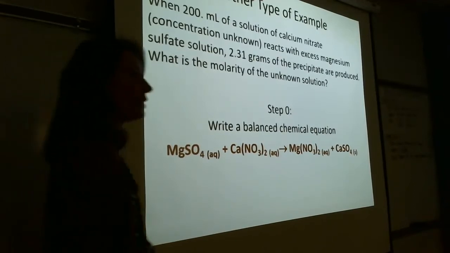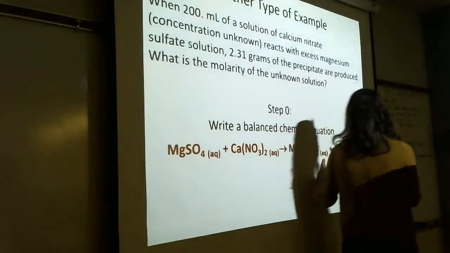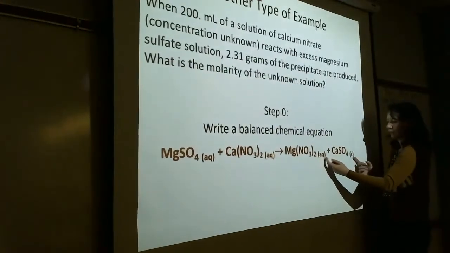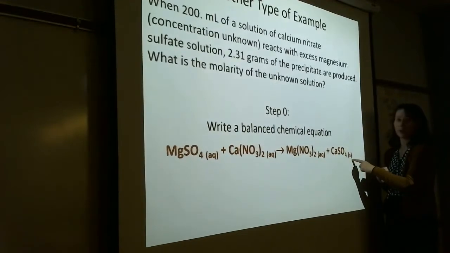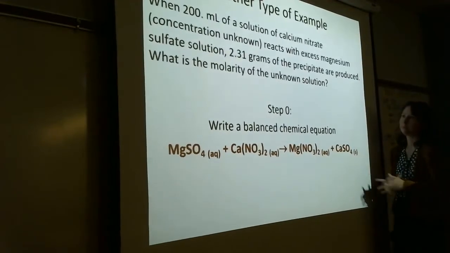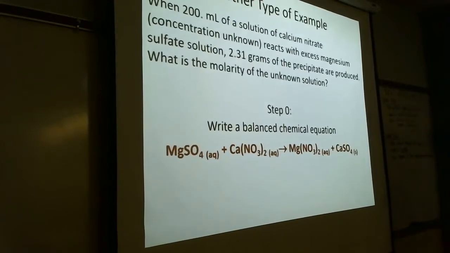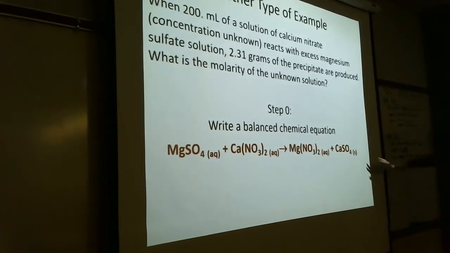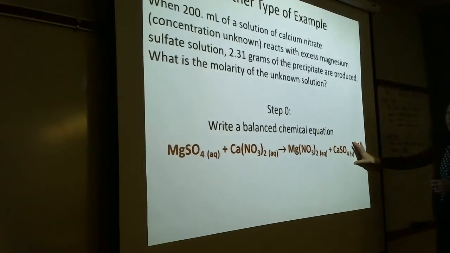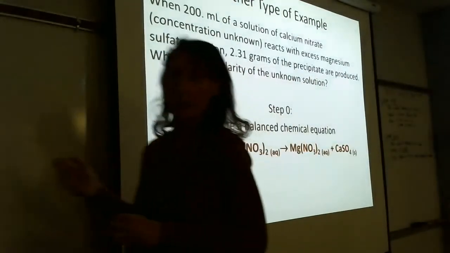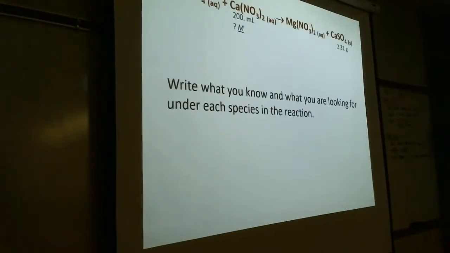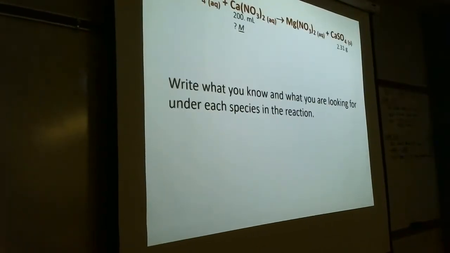I have to consult my solubility rules in order to figure out which one of these is the precipitate. Right? Magnesium nitrate is soluble, calcium sulfate is insoluble. That makes it my precipitate. So the problem says 2.31 grams of the precipitate, that's referring to this. And we know the volume here, but we don't know the molarity. Okay, so that's the information that we're given in the problem.